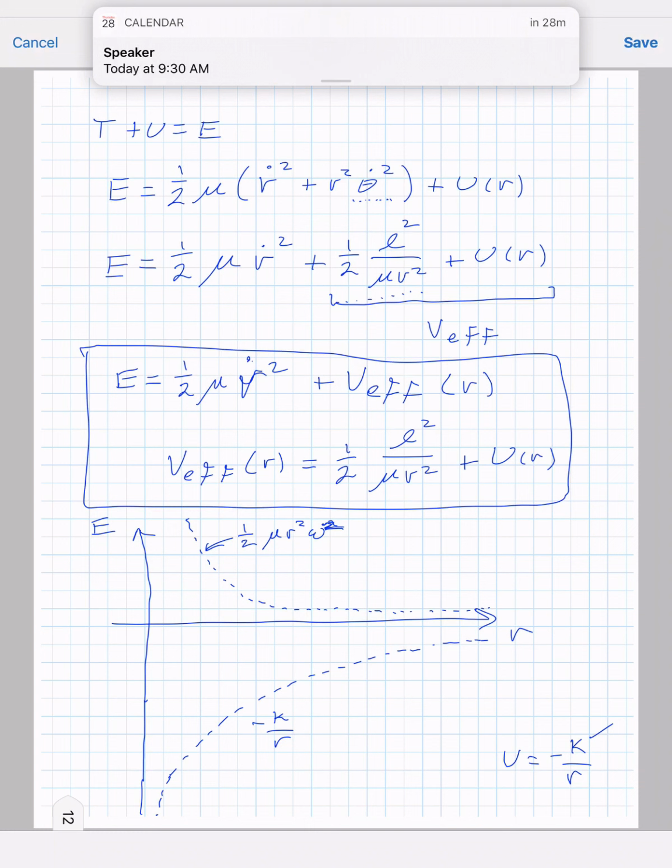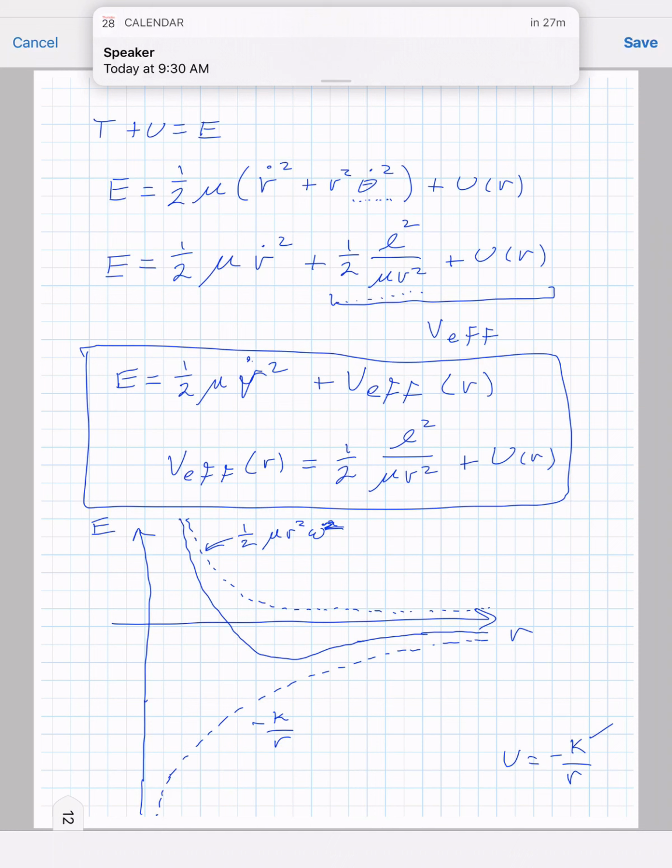All right, and so what's happening here is that the effective potential is the sum of these two. And so first of all, I've got this negative potential energy from the gravitational attraction, but then I've got this effective repulsive force coming from the conservation of angular momentum. And when I add these two, I get a curve which starts out negative, starts to dip, but then the 1 over r squared actually wins out over the 1 over r, and so then this will come up like that.